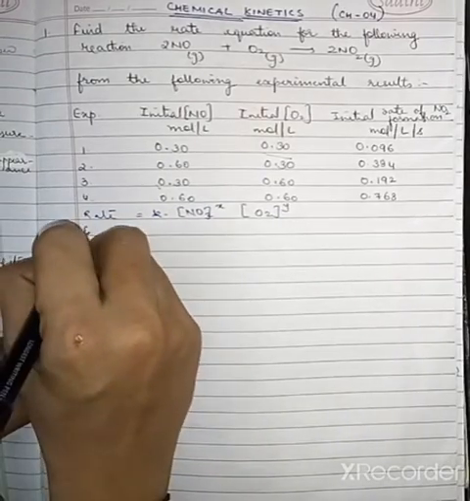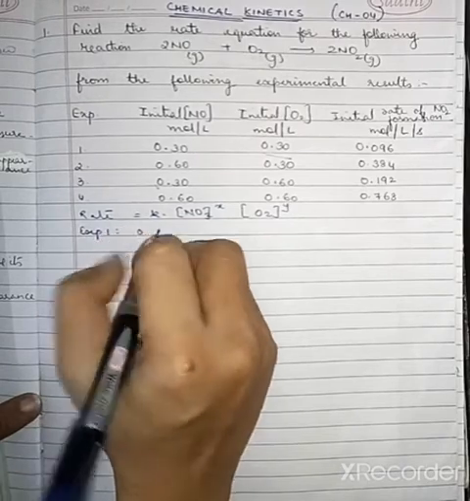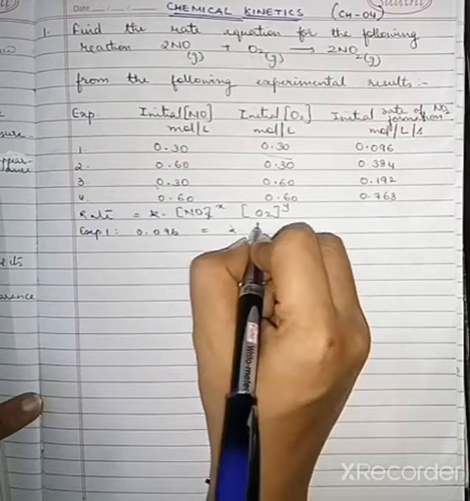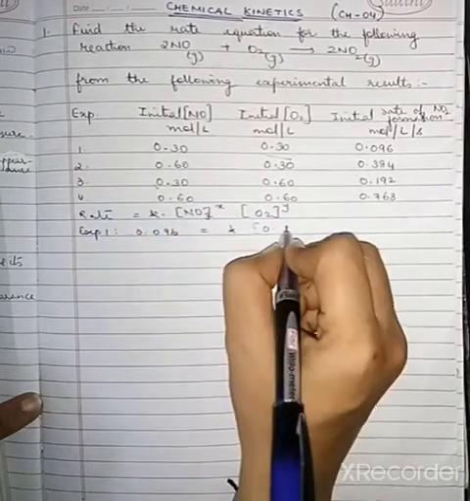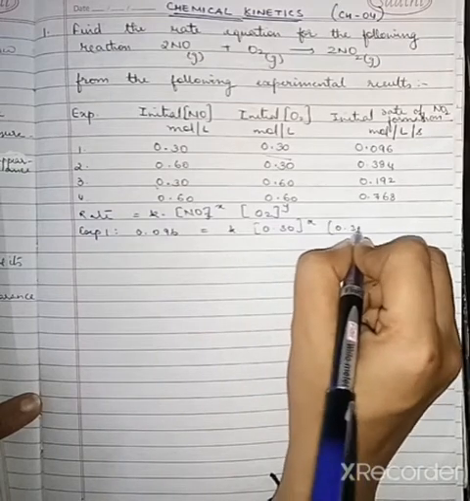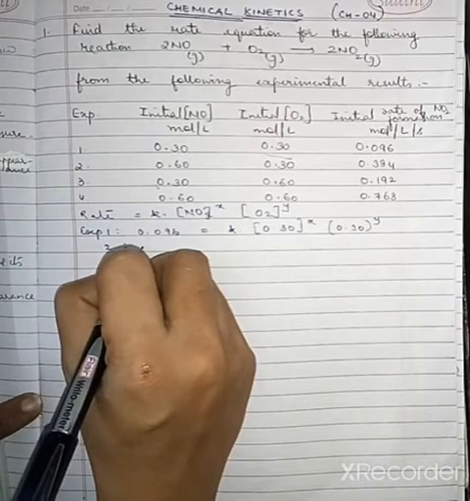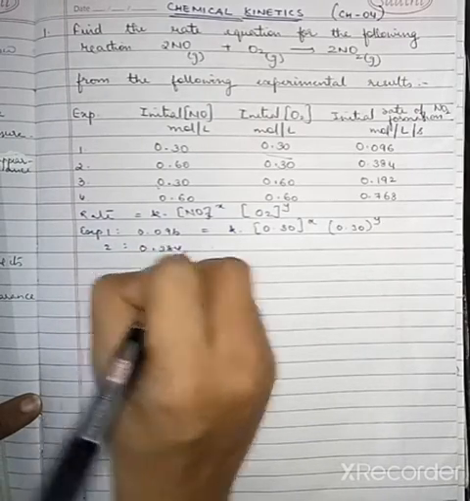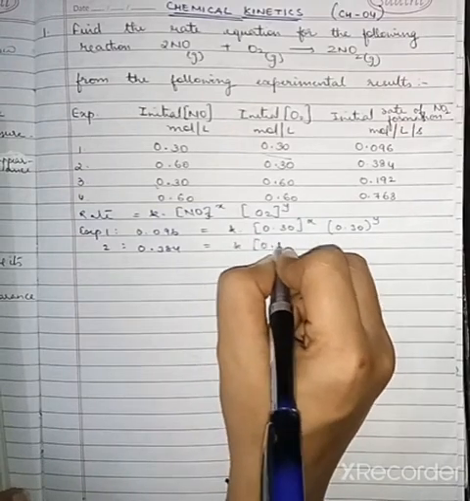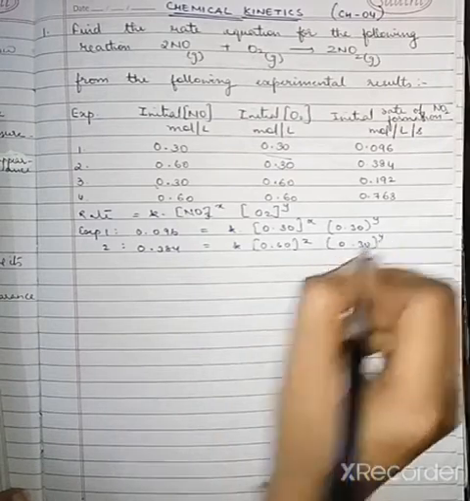From experiment 1, what do we get? Rate is equal to 0.096, which is equal to rate constant, NO का concentration है 0.30 to the power x और O2 का भी 0.30 to the power y. Experiment number 2 से we can state that 0.384 is equal to K into 0.60 to the power x and 0.30 to the power y.